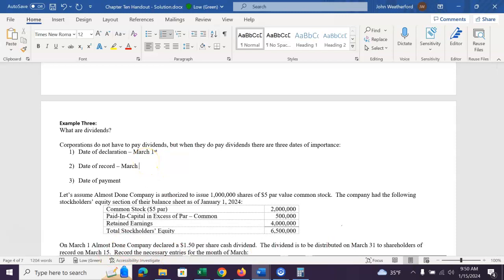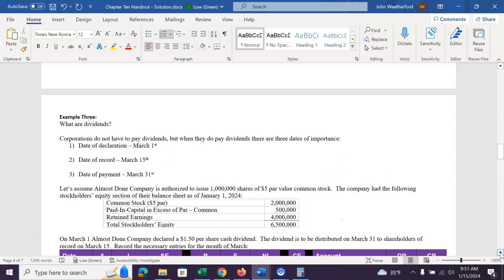So March 15th there. And on the date of payment, it's to be distributed on March 31st. So there's your date of payment. Now these two weren't necessarily connected, I guess, but it's just a better way to maybe illustrate these three. So let's keep going with it.